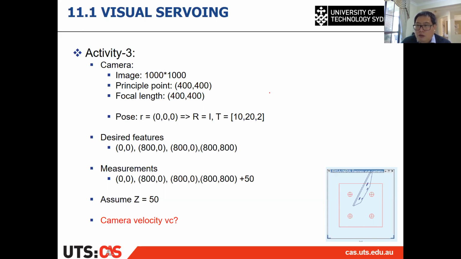For example, you have the equation about the feature Jacobian, and what's the real number of the feature Jacobian. So I'm not asking you to calculate it by hand. You can calculate it by using MATLAB, but you need to write the numbers on the exam paper.